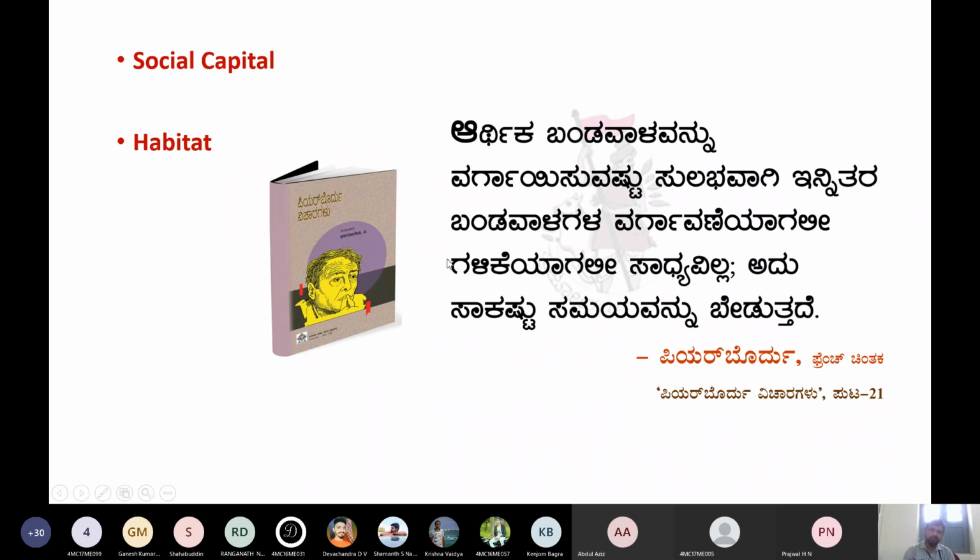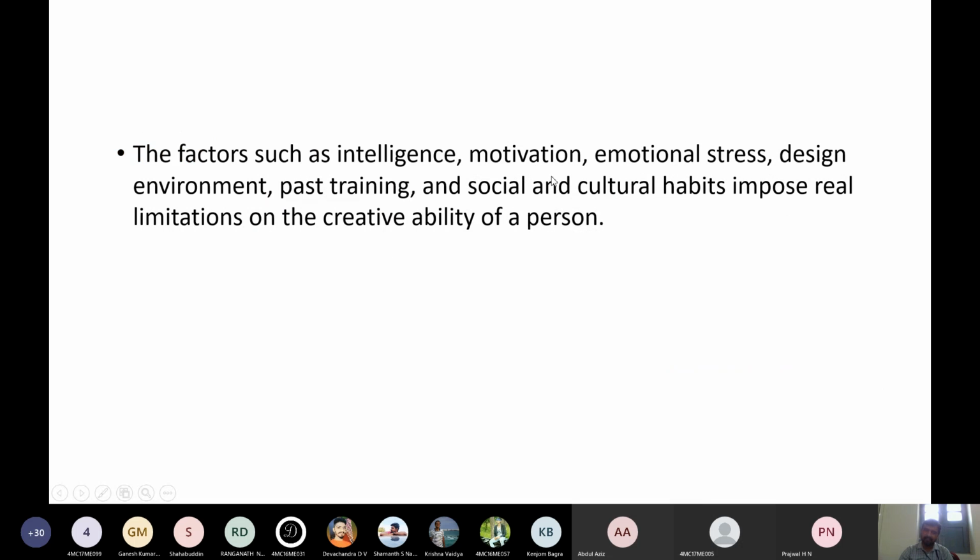In this book, Pierre Bourdieu, a French intellectual, works a lot on these social and cultural habits, and how they influence an individual becoming successful.